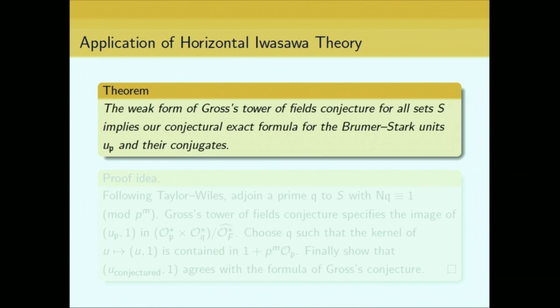That doesn't require knowing anything else. The theorem is this weak form of Gross's tower of fields conjecture for all sets S and for all extensions L that I want to take.